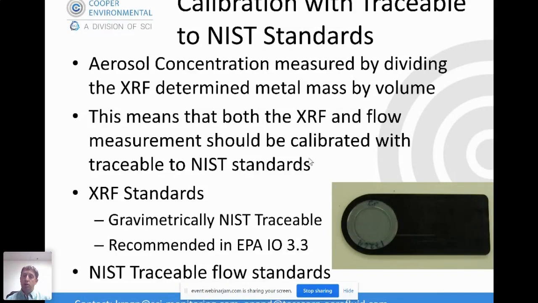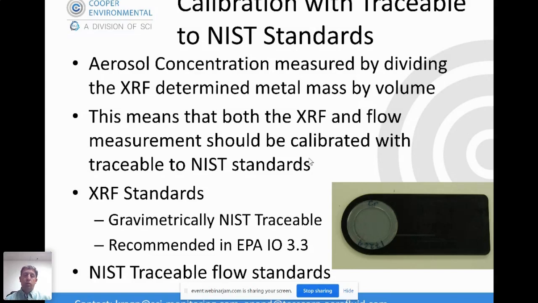The aerosol concentration on the Xact is determined by dividing the XRF mass by the total volume. So you want both the mass measurement made by the instrument, or the XRF measurement, traceable to NIST standards, and you want the volume measurement made by the instrument also to be traceable to NIST standards.